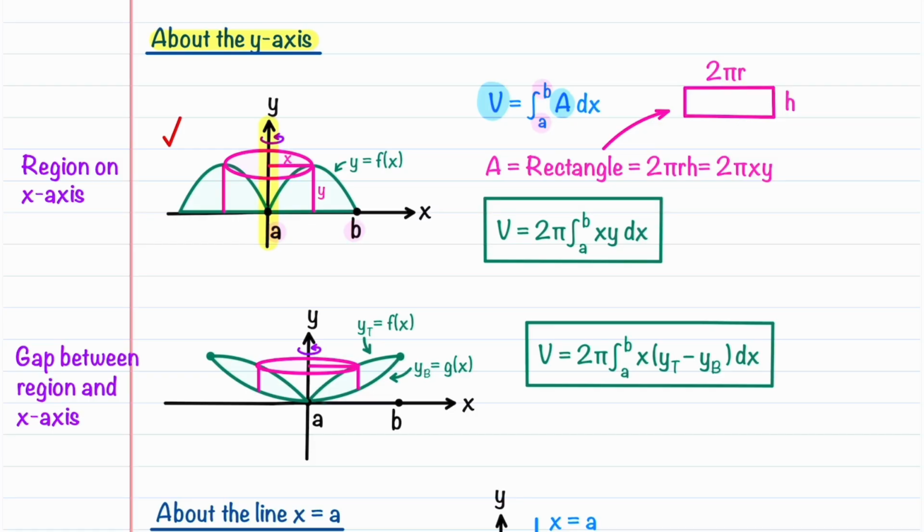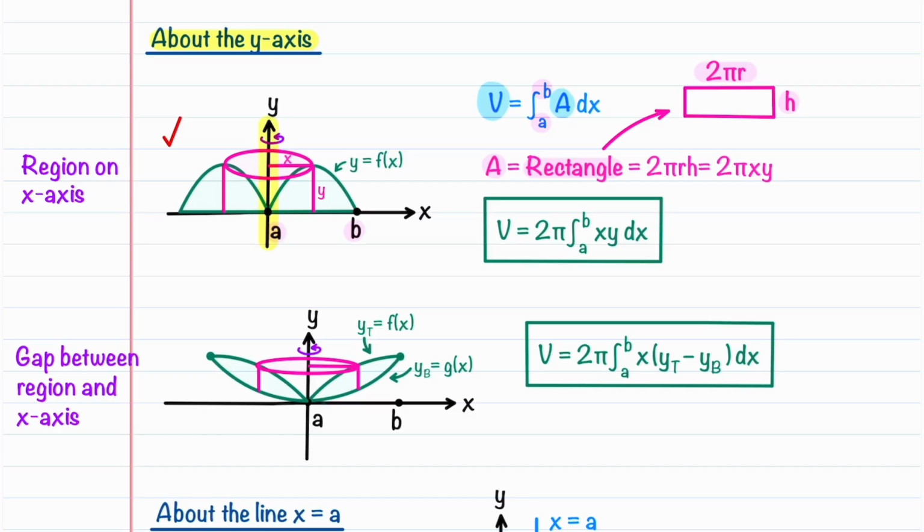This cross-sectional area is a rectangle. You can think of it as the label that's wrapped around a cylindrical can. The width is equal to 2 pi r, that's just the circumference of the circle, and then the height is equal to h.